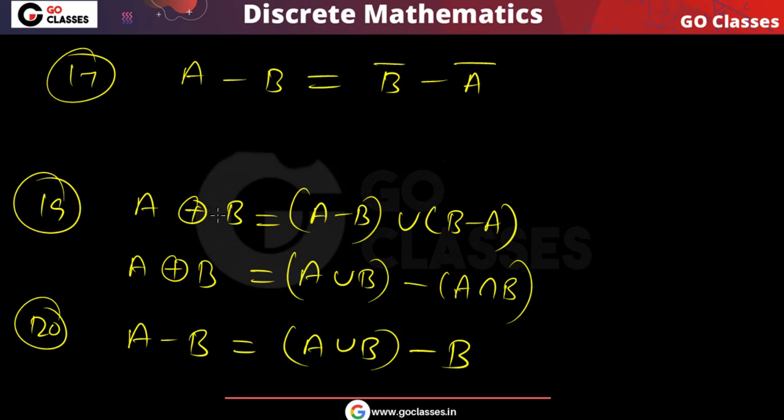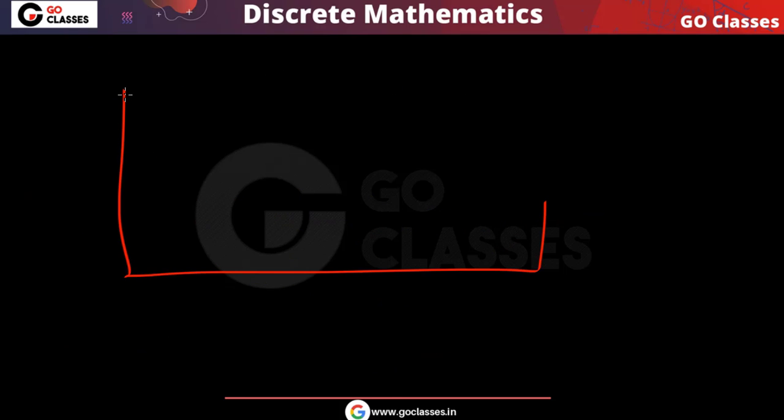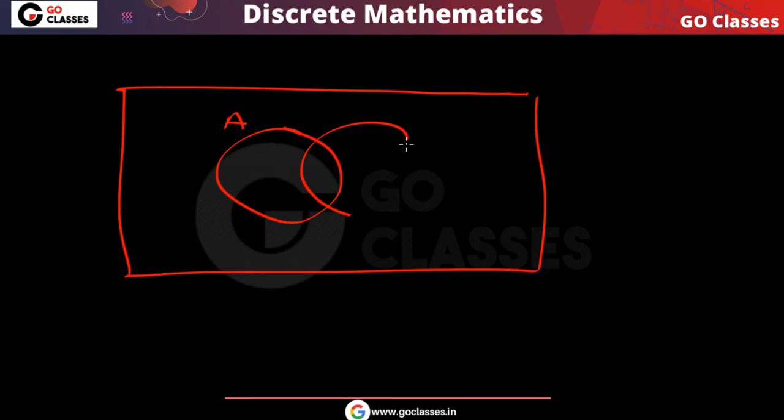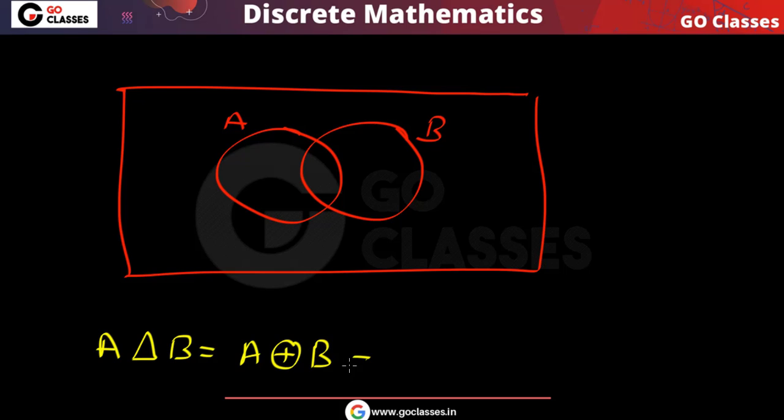Next, this is the definition of exclusive OR. A exclusive OR B means A minus B union B minus A, which we have already seen. Also, A symmetric difference B is A union B minus A intersection B. From the Venn diagram, if this is area A and this is area B, what is the symmetric difference area?